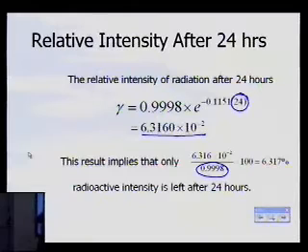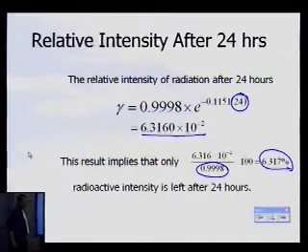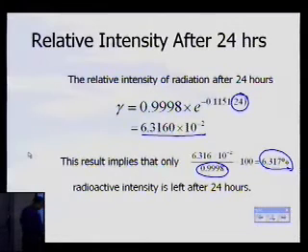So I find out that after 24 hours, you are left with only about 6.317% of the intensity relative to what you had when it was first injected into your body, which is a normal radiation. So you should not be worried about that, because that's something which you would even get by being outside in the sun any summer day. So technetium-99m seems to be a very safe radioactive material to use for nuclear medicine.